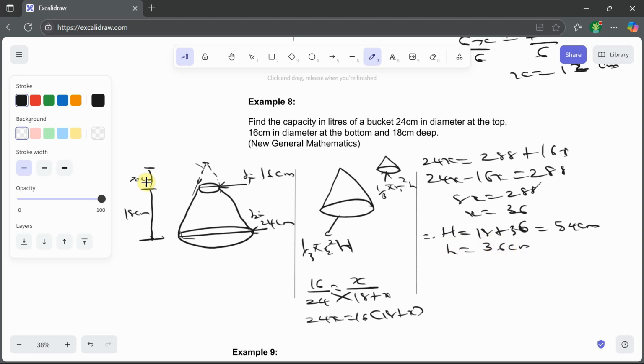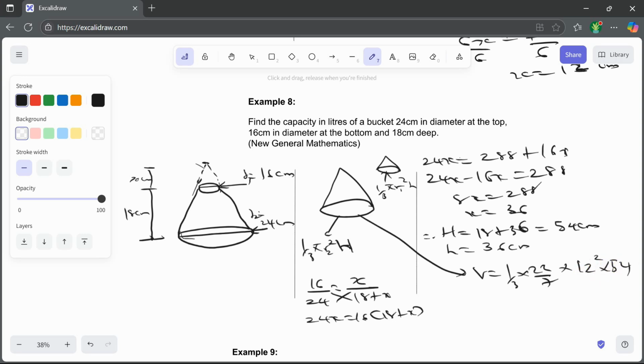That's so big. If you look at the diagram, I'm not drawing to scale, please. So let's find the volume of this guy here. V is one over three times 22 over 7 times r2 squared. What is our r2? If the D is 24, then that means the r here is 12. So that will be 12 squared times 54.